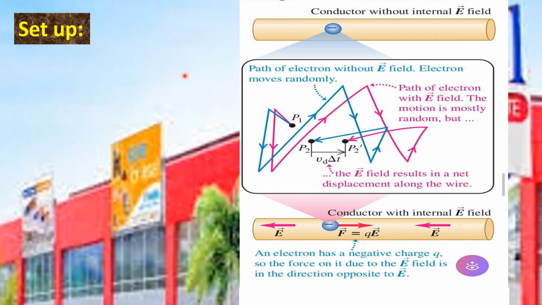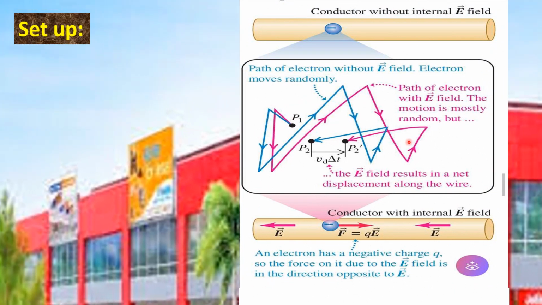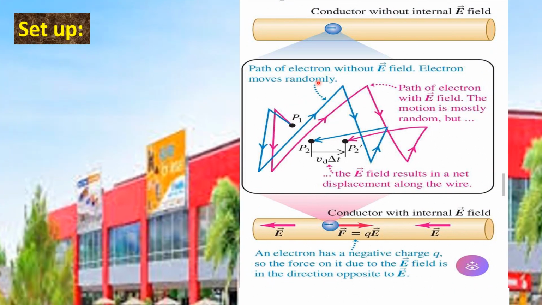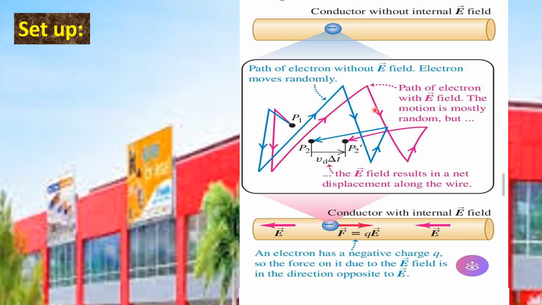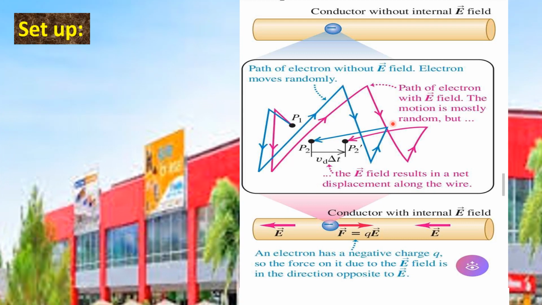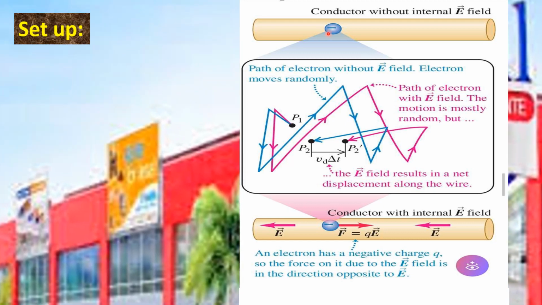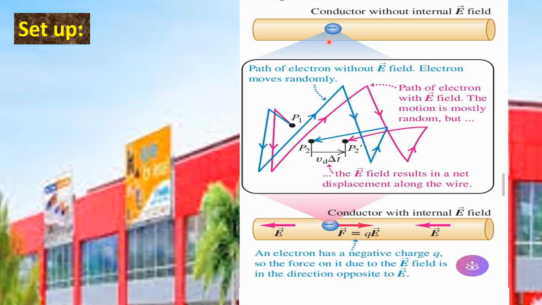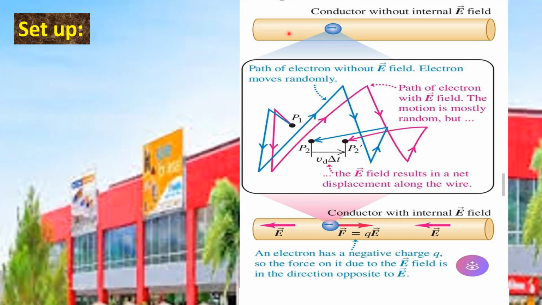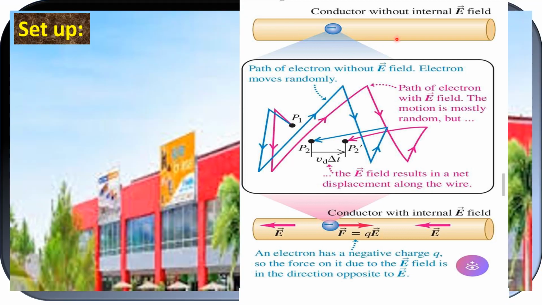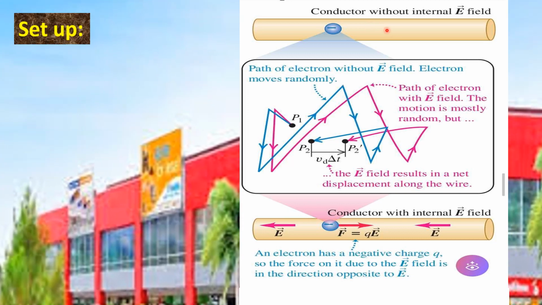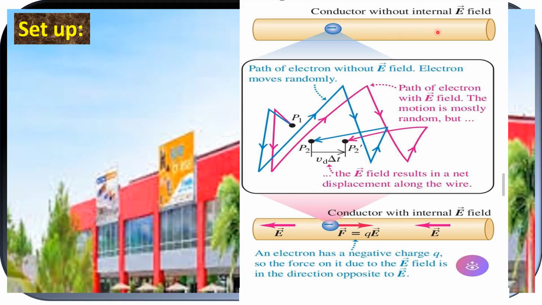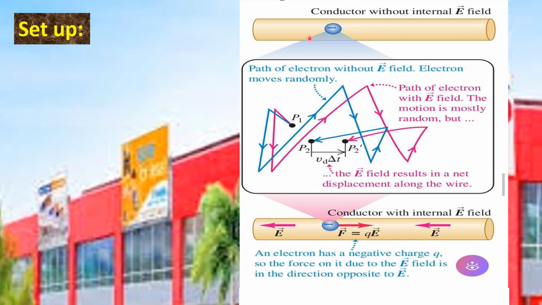Before we proceed, let us first recall your lesson on what you call drift velocity, right? So in this diagram, we are given the situation when the conductor or the conducting wire, for example, is not yet subjected to what we call an electric field.